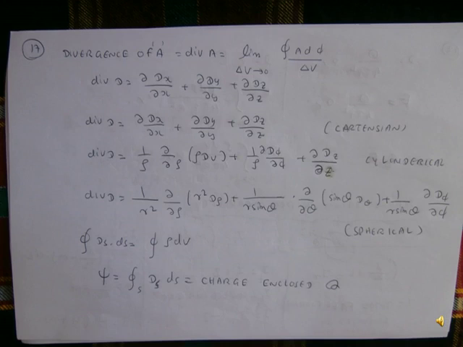For the divergence of A, the limit as del V tends to 0 of the surface integral of A dot dS divided by del V. This comes to del Dx by del x plus del Dy by del y plus del Dz by del z in the Cartesian coordinate. In the cylindrical coordinate, it is 1 by rho del by del rho of rho D rho plus 1 by rho del D phi by del phi plus del Dz by del z. For the spherical coordinate, it is 1 by r square del by del r of r square D r plus 1 by r sin theta del by del theta of sin theta D theta plus 1 by r sin theta del D phi by del phi.